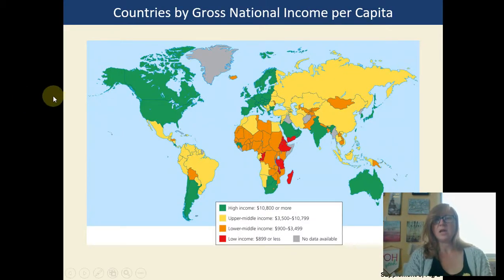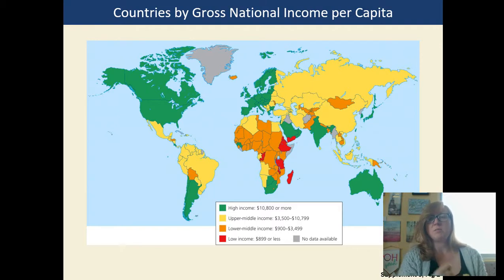So let me see if I have this twice. Oh, I don't. Okay. So this is the gross national income per capita. That means per person. So you might have Russia. This isn't true, but we'll just use this for an example. They have fewer people than some other countries, and so they might have a high GDP, but because they have fewer people, it's going to be less.